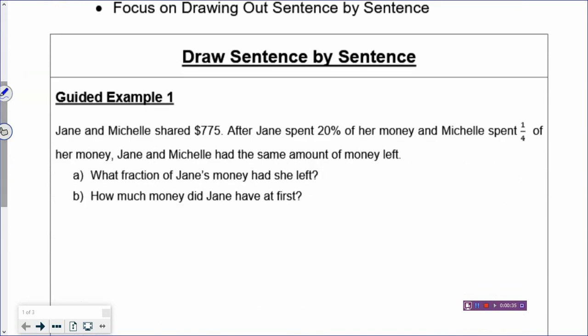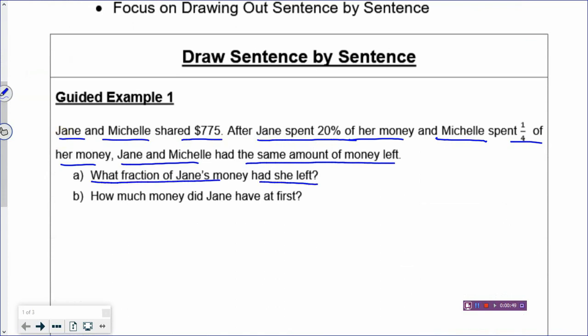Jane and Michael shared $775. After Jane spent 20% of her money and Michael spent 1/4 of her money, Jane and Michael had the same money left. So what fraction of Jane's money had she left, and how much money did Jane have at first?